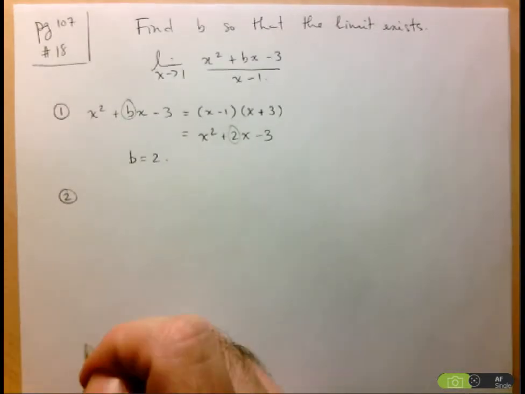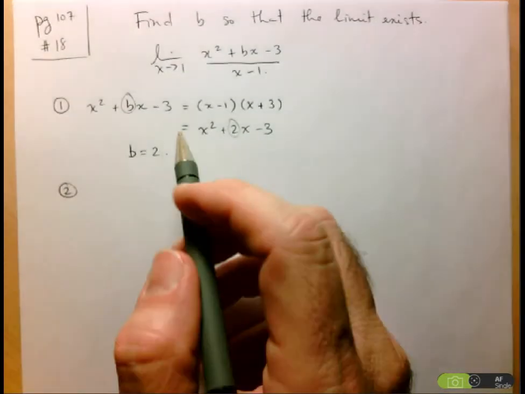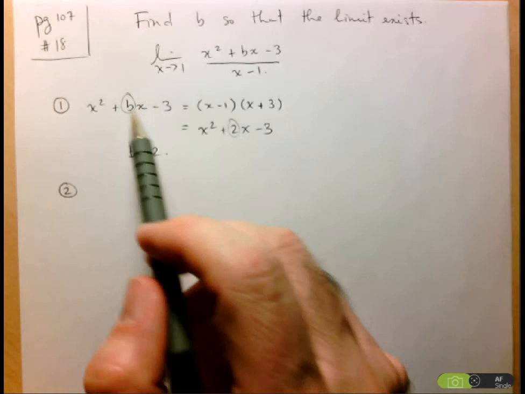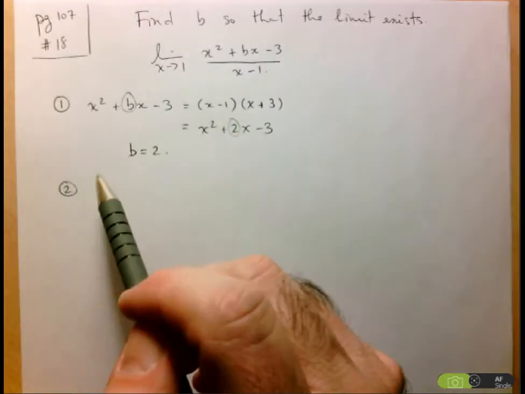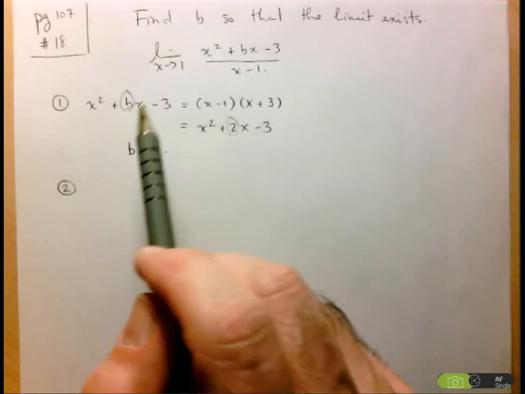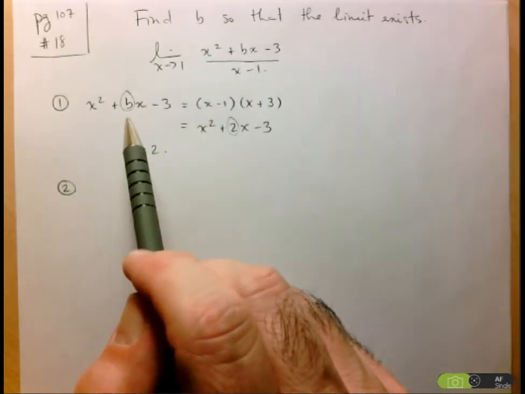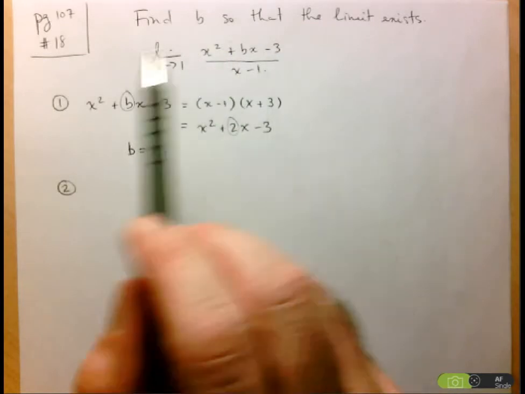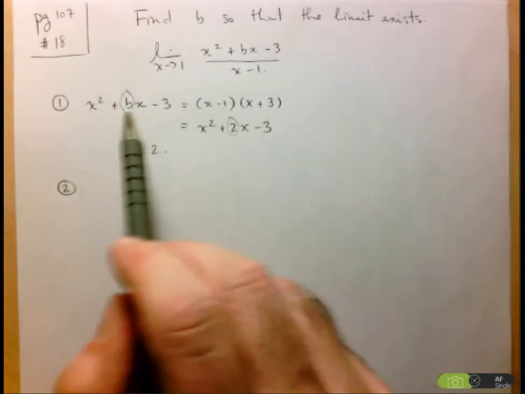The second way I'm going to look at this is very similar, except it's a little more general, because this really only works well if I've got a nice easy quadratic. Imagine if this were a cubic or a quartic, and I had to figure out how to make it have a factor of x minus 1. I certainly couldn't do it by inspection.